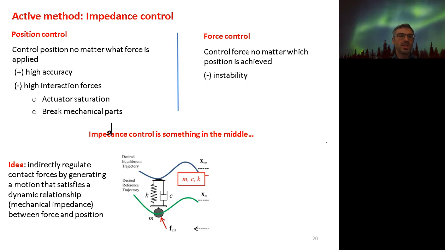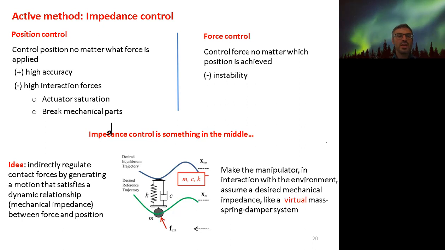More generically, a spring can be extended to a mechanical impedance, because a mechanical impedance can also emulate a damping term, so a velocity-dependent term, and an inertia term, so an acceleration-dependent term. In essence, it makes the manipulator that is interacting with the environment behave like a virtual spring-mass-damper system.